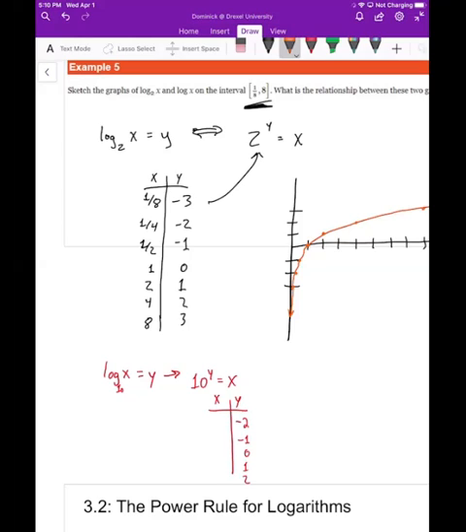If y is -2, well, 10 to the -2 is 1/100. If I use -1, I'm going to get 10 to the -1, which is 1/10. 10 to the 0, of course, is 1. 10 to the first is 10. And 10 squared is 100.